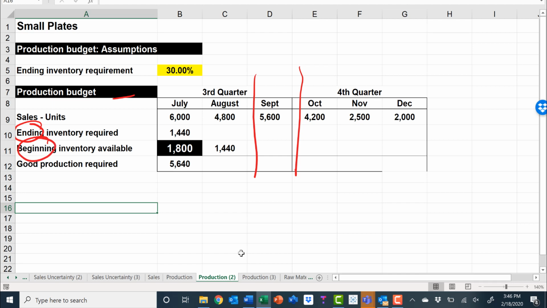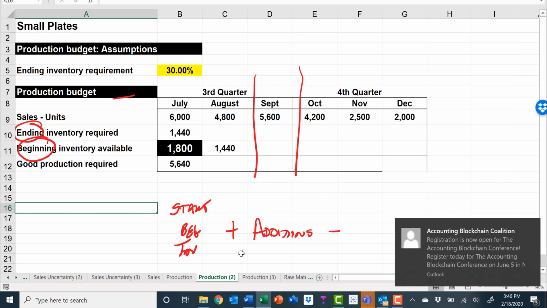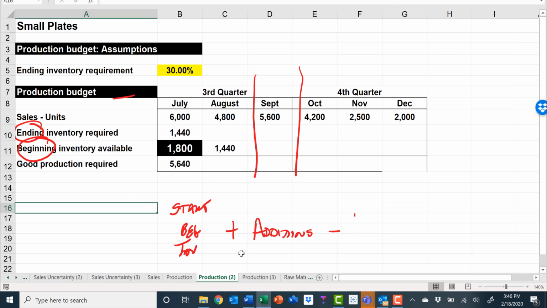So let's take it back to our inventory equation, because sometimes for folks that's a little clearer than just a table like this. What's the inventory equation again? What we start with, which is usually called beginning inventory, plus what we acquire or what we add, additions, minus what we end with, our ending inventory, equals what we used, or what was transferred out.